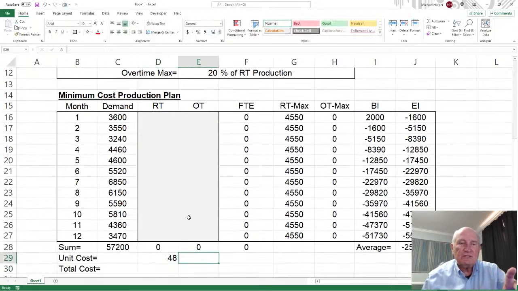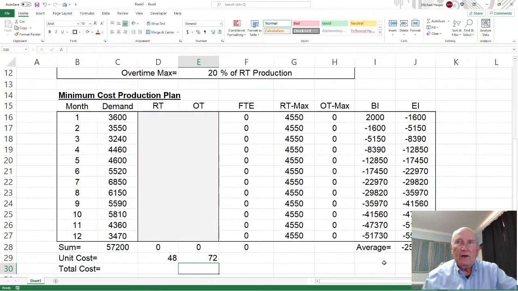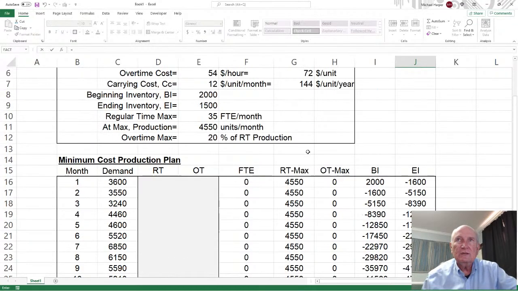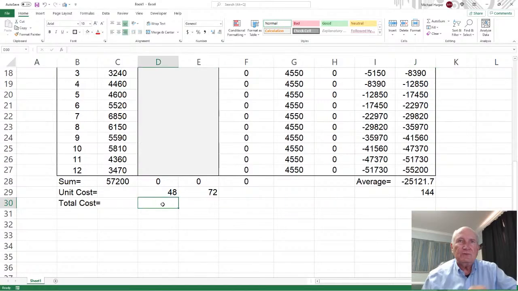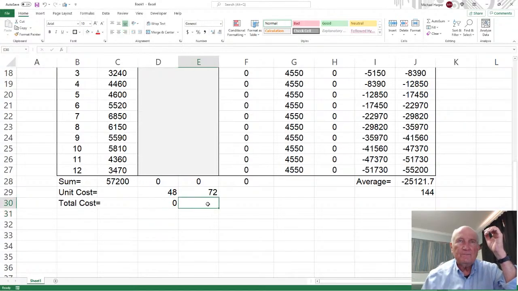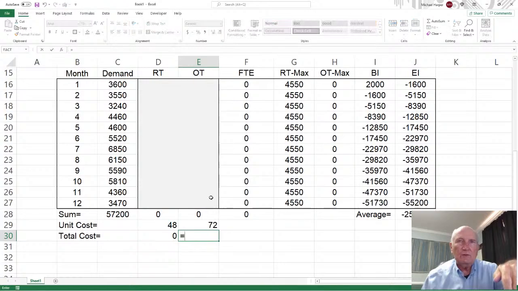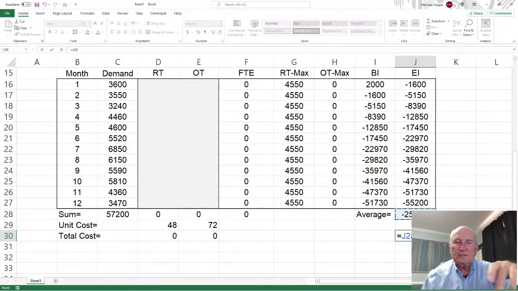Our overtime unit cost per unit is 72, and our unit cost of carrying inventory over a whole year, because this is annual, equals 144 per unit per year. Then the total cost down here equals this sum times how much each of those cost, the unit cost, equals the average times that unit cost.